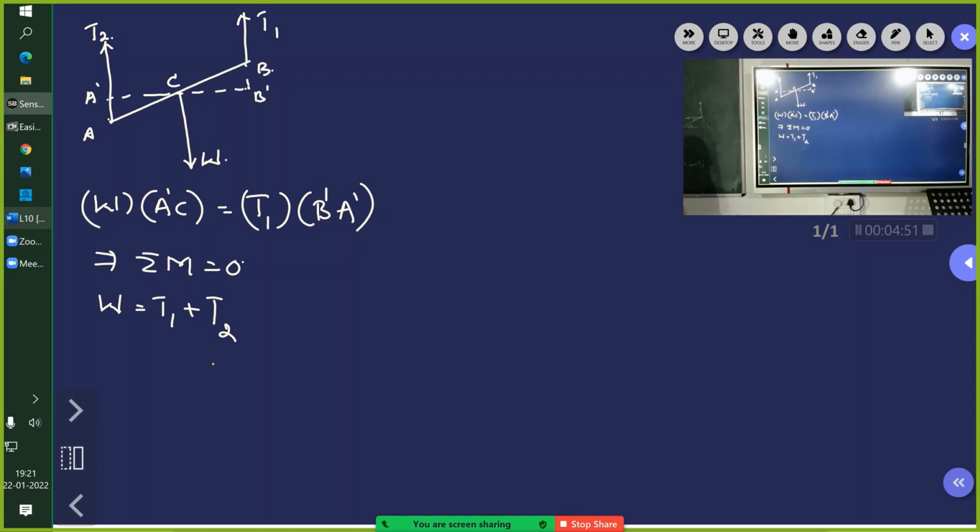But there will be no velocity. V is 0, omega is 0, the moment you cut it. Keep that in mind.